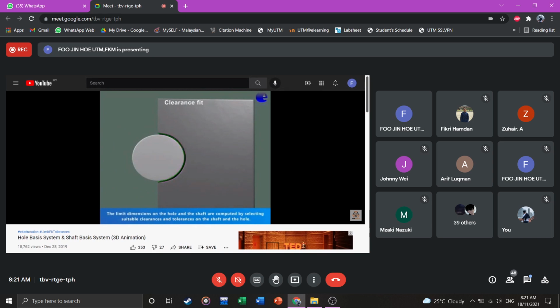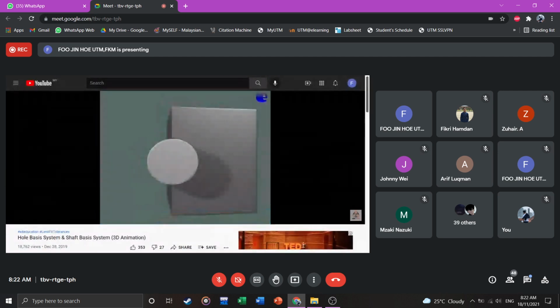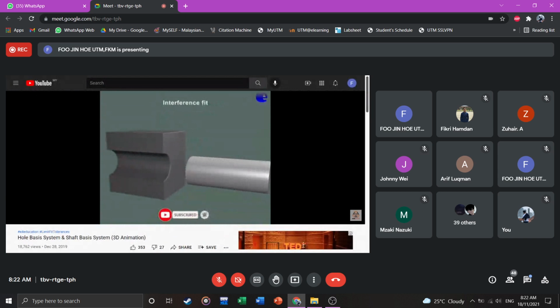The limit dimensions on the hole and the shaft are computed by selecting suitable clearances and tolerances on the shaft and the hole. Interference fit, basic size, interference fit. Basic size, 0 line. Interference or negative clearance.